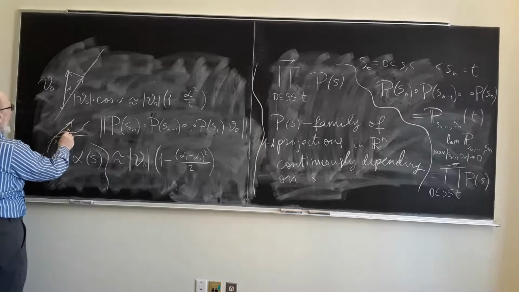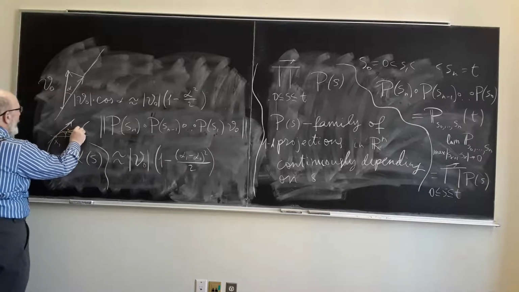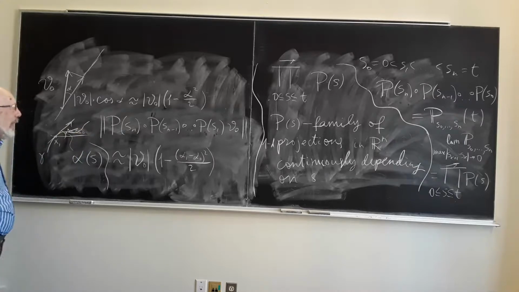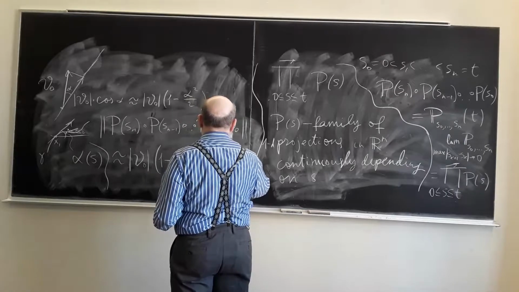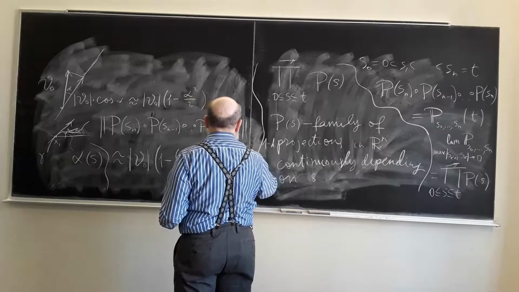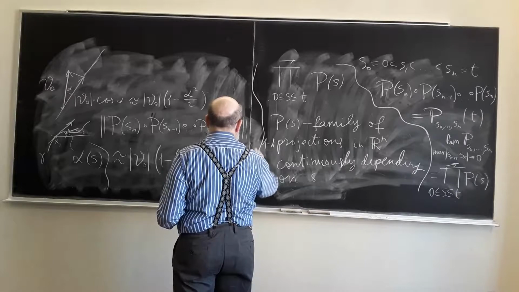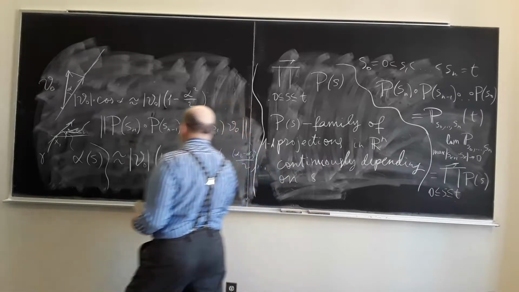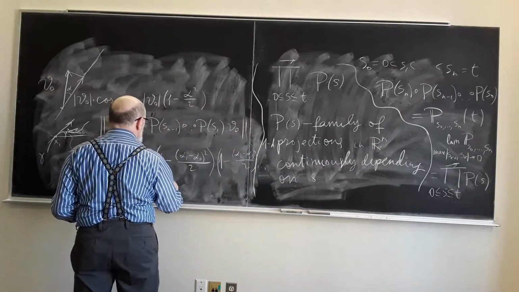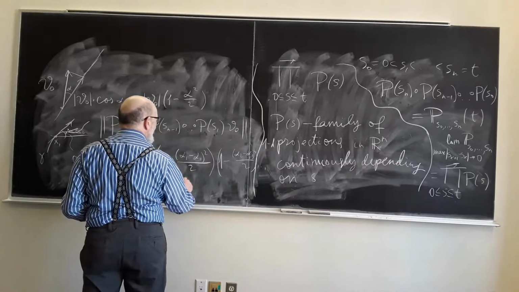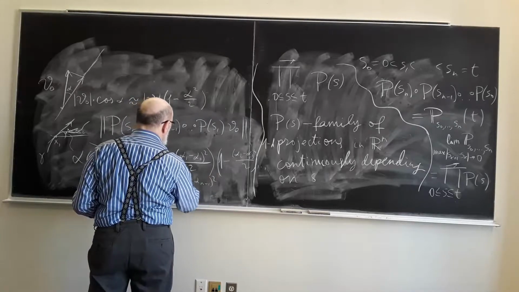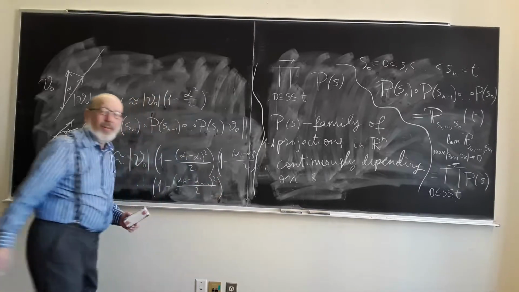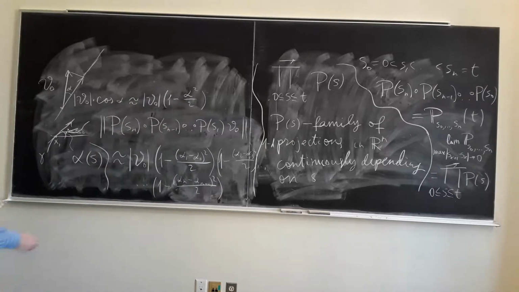This is x2, it is here, it is alpha 2, and so on: 1 minus (alpha 2 minus alpha 1) squared divided by 2, and so on, 1 minus (alpha n minus alpha n minus 1) squared divided by 2.